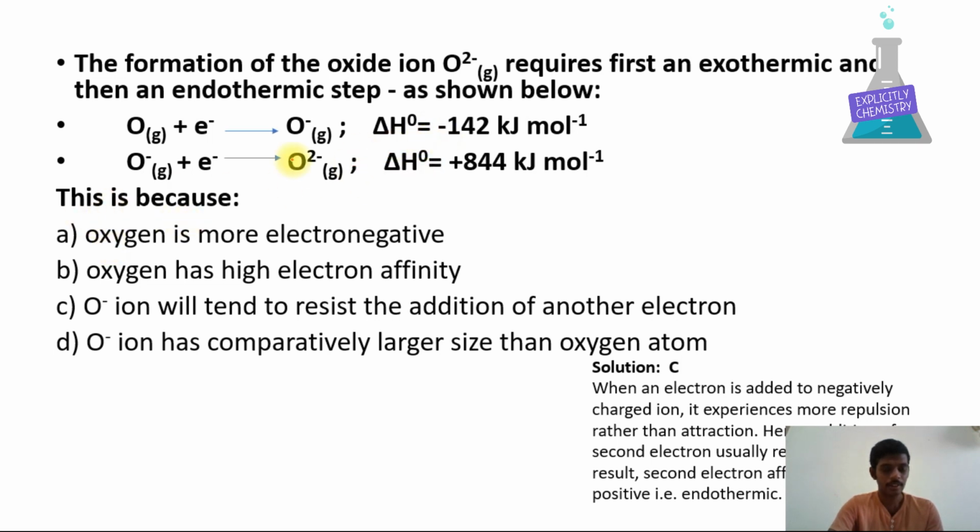Because when an electron is added to a negatively charged ion, here the oxygen is already a negative ion, it experiences more repulsion rather than attraction. Hence, addition of a second electron usually requires more energy. As a result, second electron affinity values are positive, that is, endothermic. So the option is C.